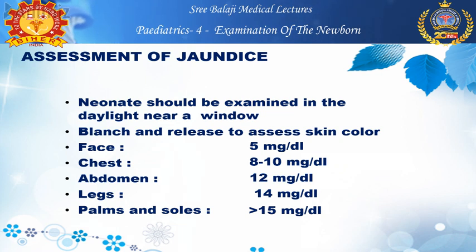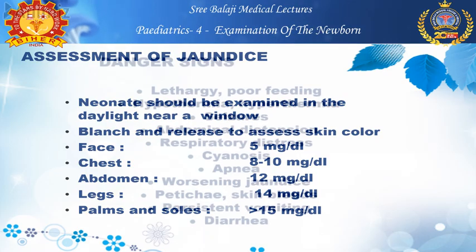A physiologic jaundice usually appears on the second day and increases slowly, the peak level doesn't go beyond 12 to 14, and it usually disappears by the end of 2 weeks. This is physiologic. So you should be able to differentiate physiologic and pathologic jaundice during the examination.